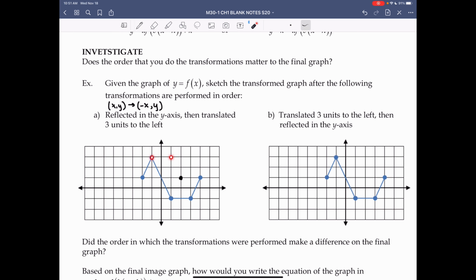This point shifted over 3 will land here. This one shifted over 3 lands here. And last one, shift this over 3 and it will land there.